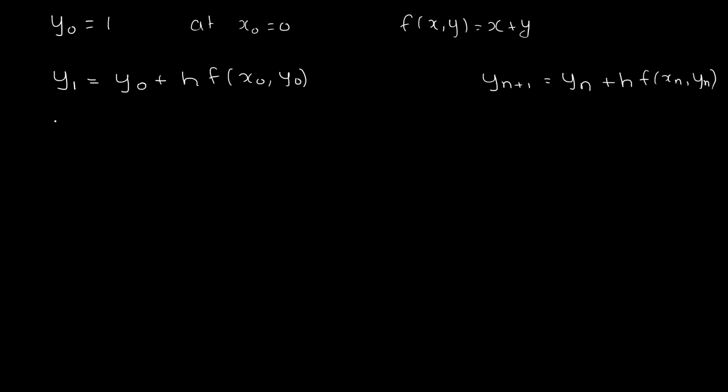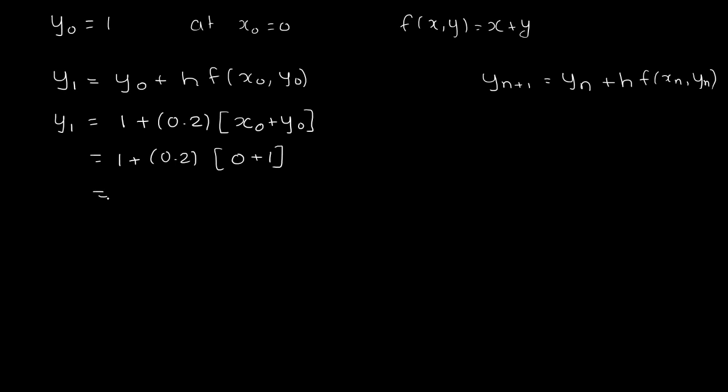So now y1 is y0, which is 1, plus h, which is given to be 0.2, times f of x0 comma y0, which is x0 plus y0. So 1 plus 0.2 times x0, which is 0, plus y0, which is 1.